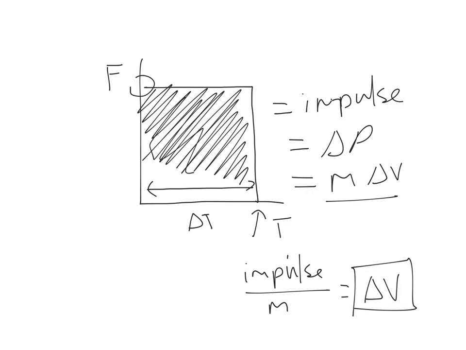So, for example, suggesting that this object starts from 0 meters per second, and let's just throw some random numbers in there just to make this interesting. If we suggest that the impulse is 1 and the mass is 2, then what we'd expect is a change in velocity of 0.5.